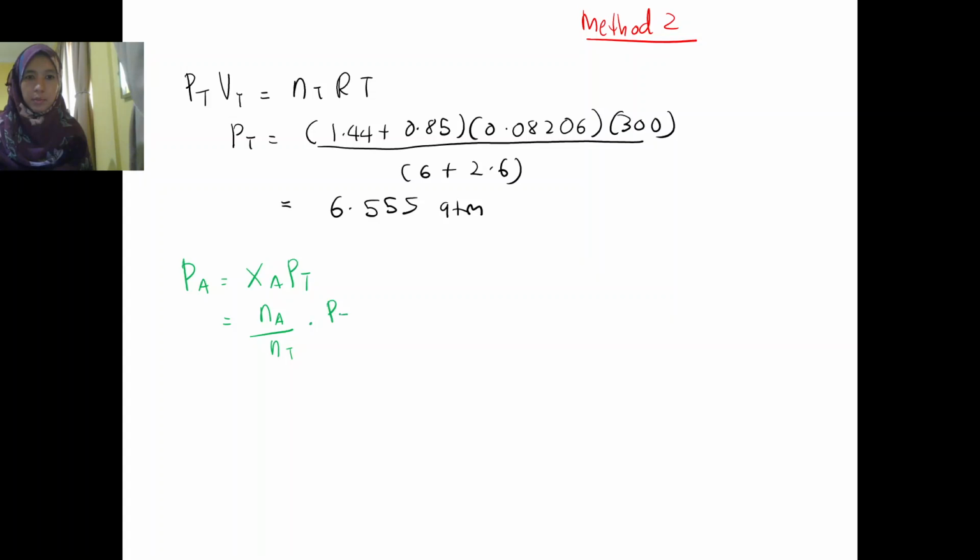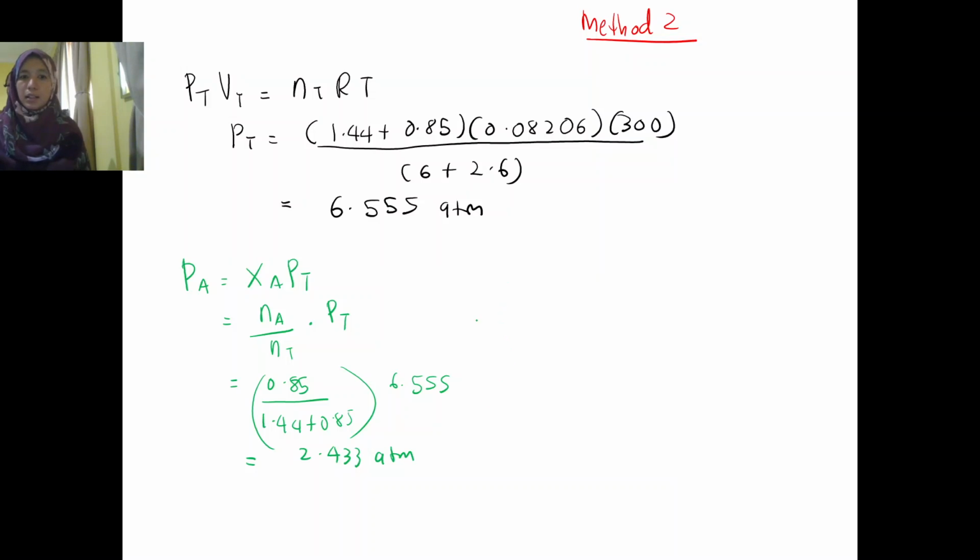So times PT. So mole A 0.85 divided by 1.44 plus 0.85. Okay, times P total 6.555. So we get partial pressure 2.433 atm.